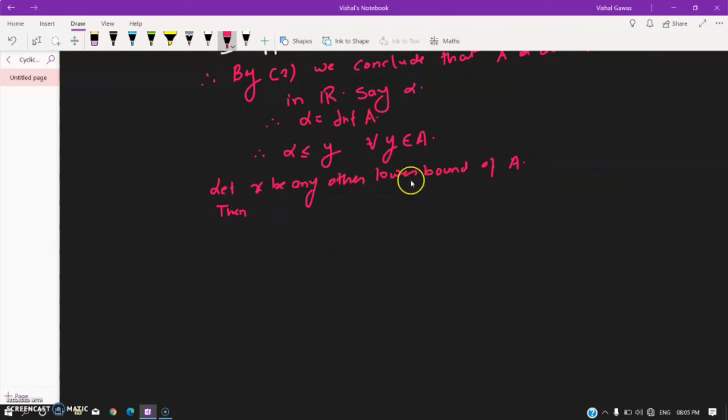Since x is any other lower bound and alpha is the greatest lower bound, x would be less than or equal to alpha.